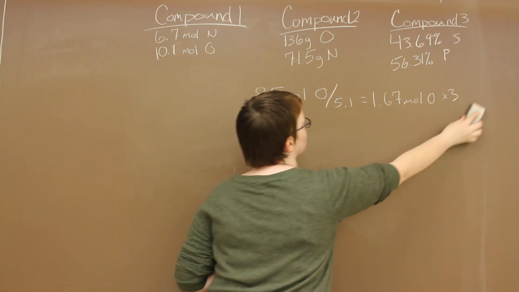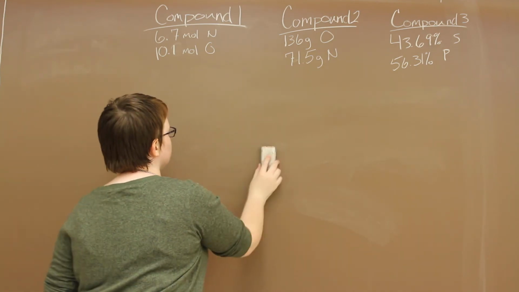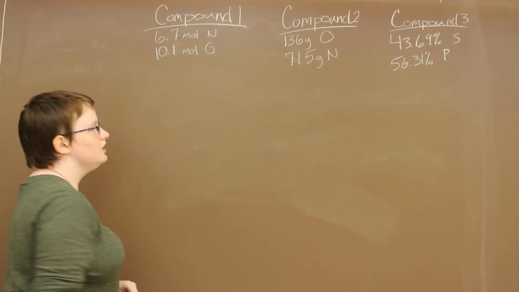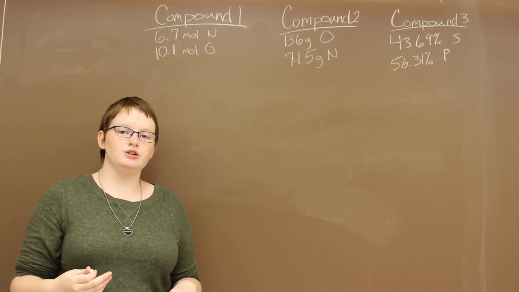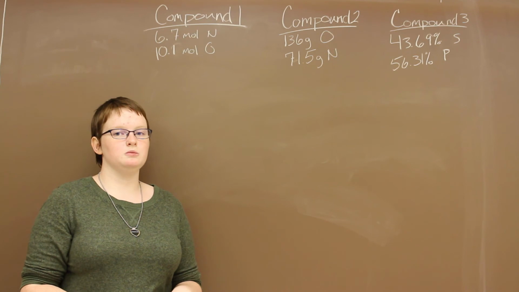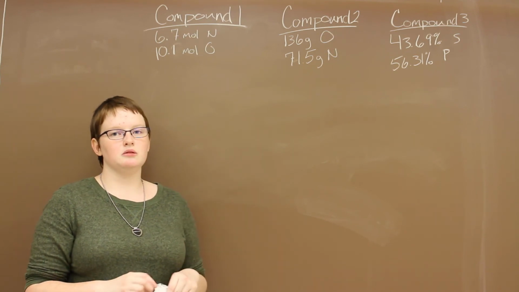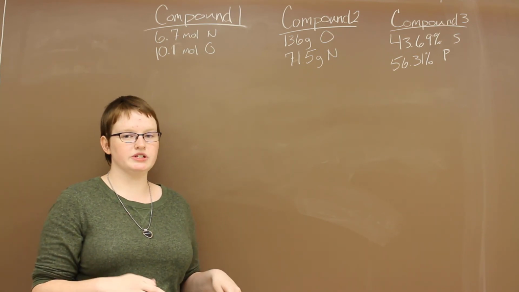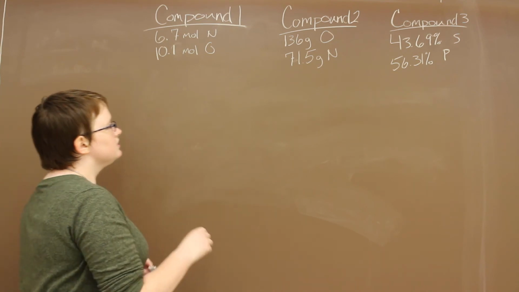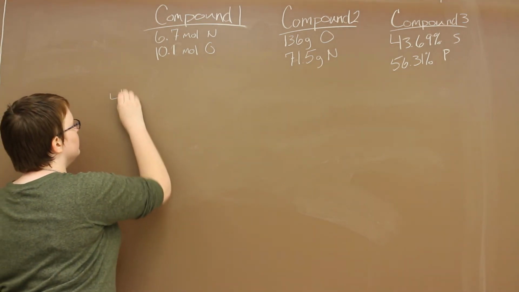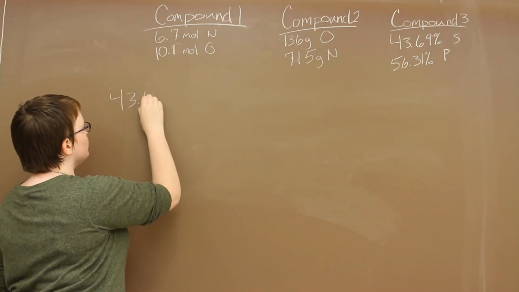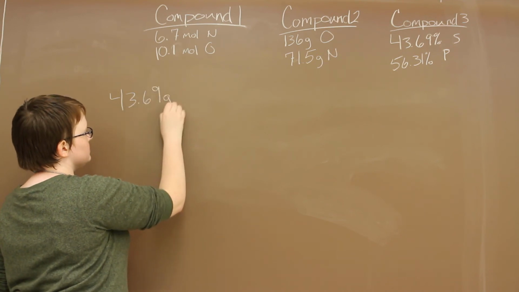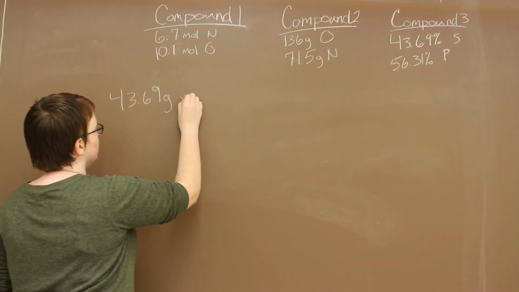In the third compound, we only know the mass percentages of each element. So to do this problem, we're going to assume that we have 100 grams of the compound. That way we don't have to multiply our percentages by anything. So we'll start off with 43.69 grams of sulfur.